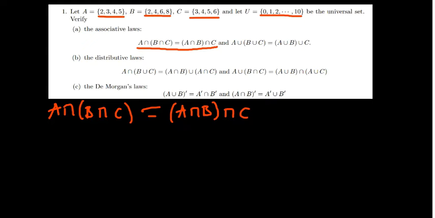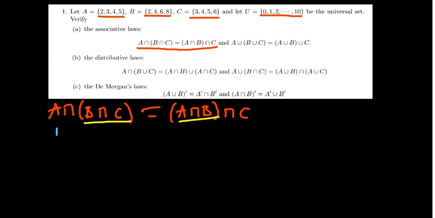Just make sure you check out the video where I've explained all the laws. BODMAS tells us every time you're simplifying, you need to start with what is in the brackets. The first one requires us to simplify B intersection C on the left hand side. The right hand side is A intersection B first of all.